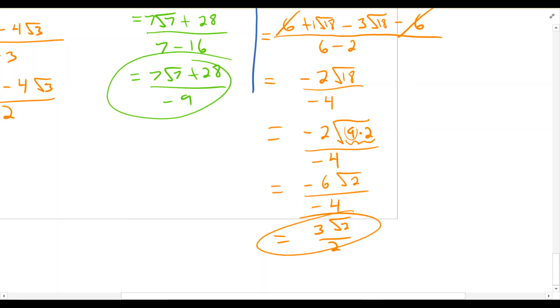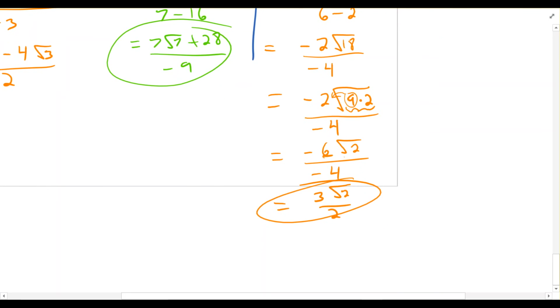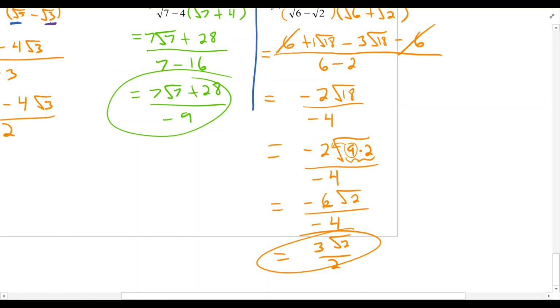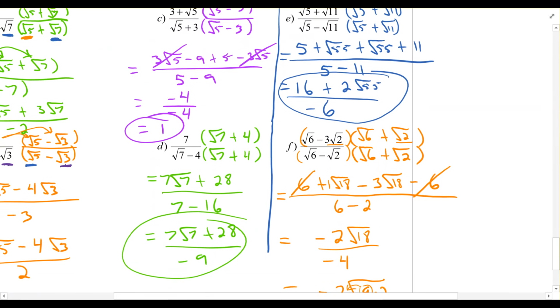I took a 3 out of this. So then that 3 I took out times the 2 that was already there became 6. And then I simplified that. Negative 6 over negative 4 became 3 over 2 times the root 2 that's now there. Okay, so hopefully that made sense.